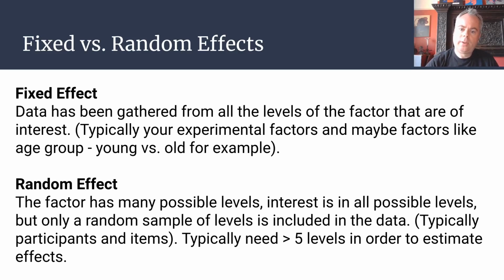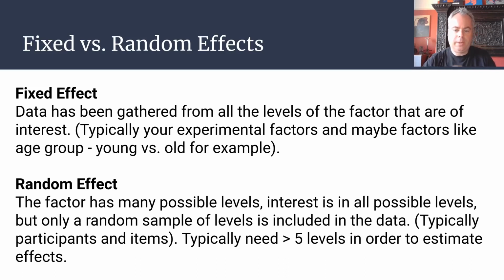So when you have a fixed effect, you've got data at all levels of interest. A random effect is slightly different because the factor could have many possible levels, and we're interested in all those possible levels, but we've only got a random sample of all levels included in the data.